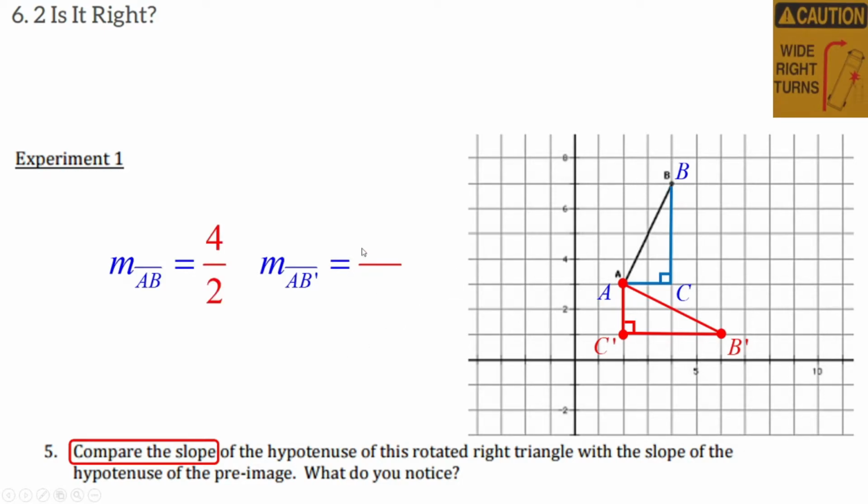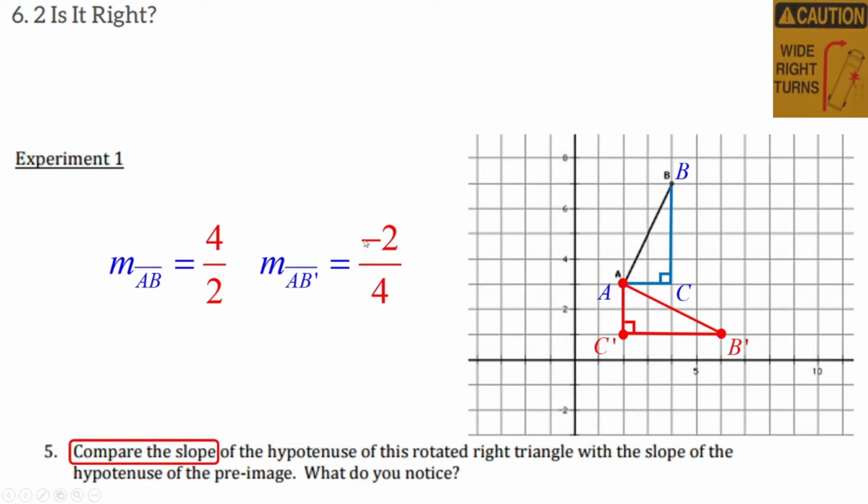And now let's compare that to the slope of segment AB prime. So if I'm going from A to B prime, I am rising -2 and I'm running 4. Okay, now what do you notice about these two slopes?